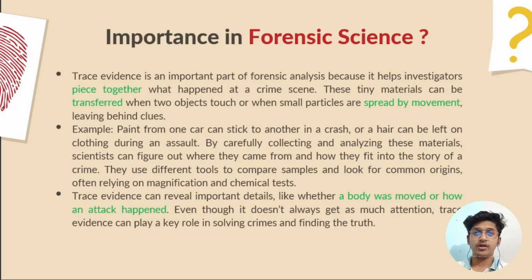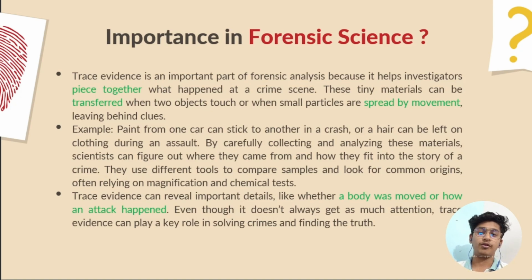Think about it. Criminals always try to cover their tracks. They might clean a crime scene, wear gloves, or even burn evidences. But no matter how careful they are, they always leave behind something. And that something could be as small as a fiber from their clothes or a speck of dust from their shoes.